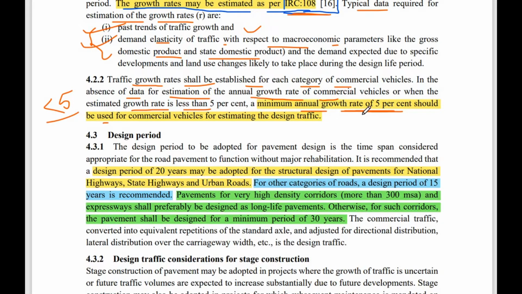Why are they saying this? This is nothing but a kind of safety factor that we have provided for our design of pavement. So we must understand this point, that if the growth rate is below 5%, we are going to take 5% as our design traffic growth rate.